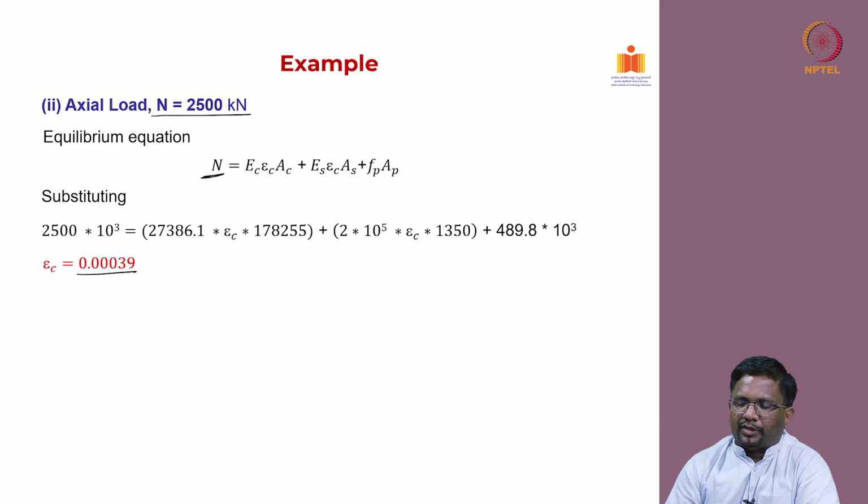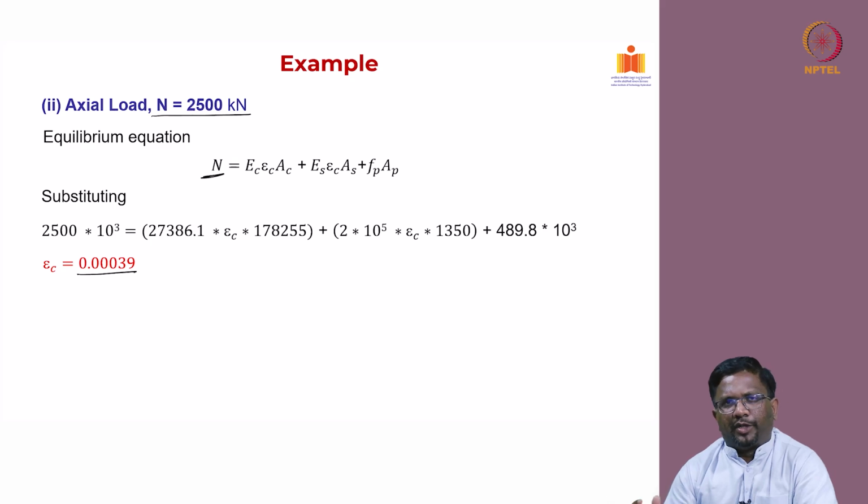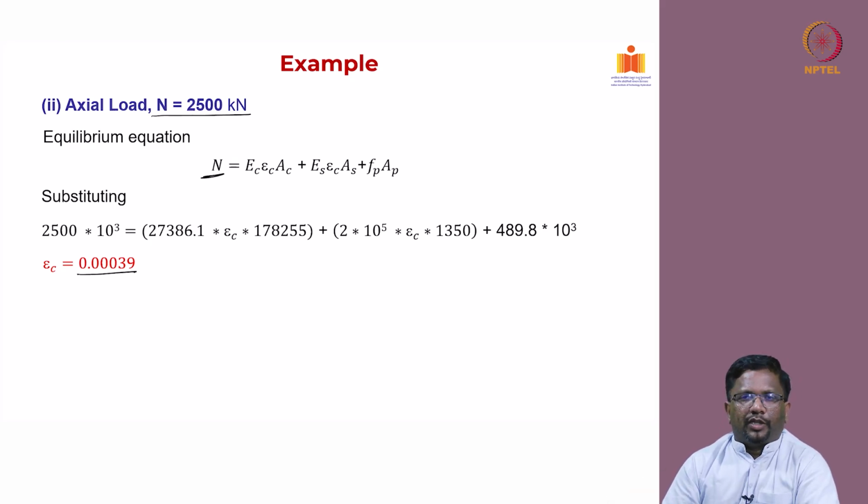Okay, this is the axial load corresponding to that. So, in this way, using simplified expressions, assuming that the system is elastic, I can quickly find for a particular load what the strain is, or for a particular strain what load is being resisted. So, these are the things that are related to the axial load behavior.